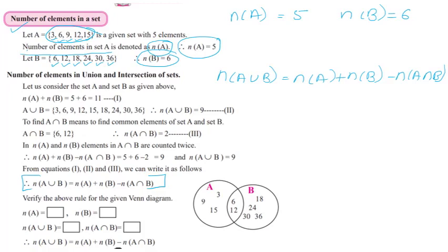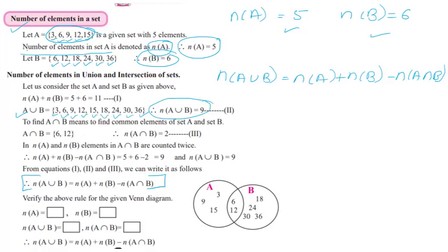We have to verify this formula. Now see, n of A we get here is 5, n of B is 6. Now A union B is given. All elements of A and B are there. Now count the elements: 1, 2, 3, 4, 5, 6, 7, 8, 9. There are 9 elements.